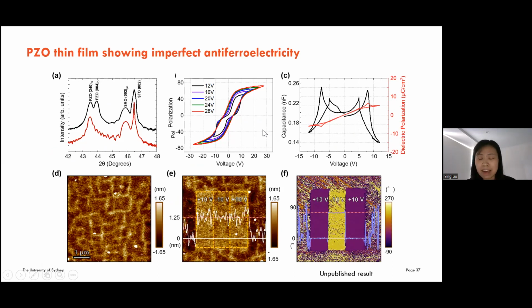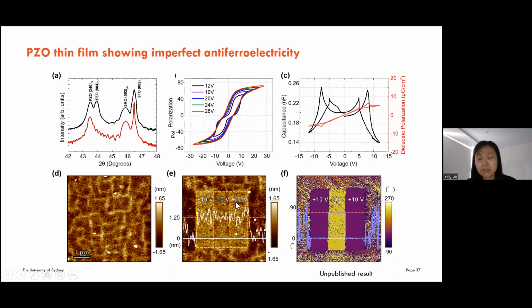But for the hysteresis loop measurement, we found that there is an obvious remnant polarization when the voltage is 0, and when the applied external voltage becomes bigger, the remnant polarization becomes bigger, and the hysteresis loop becomes very much like that in ferroelectric materials.